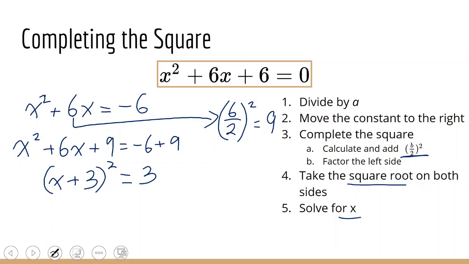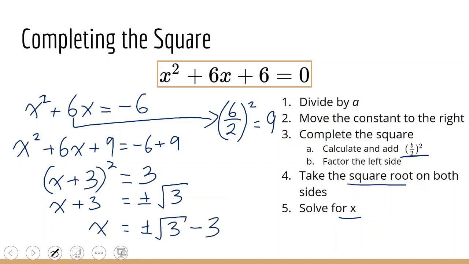So firstly, I would get that x plus 3 is equal to plus or minus the square root of 3, which will leave x to be plus or minus the square root of 3 minus 3. And we have solved our quadratic equation here.